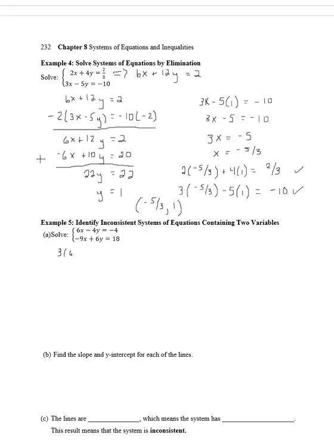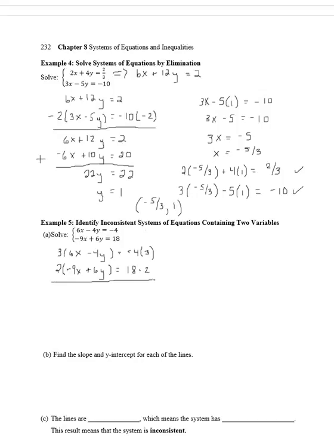So we have 3 times 6x minus 4y equals negative 4 times 3. And I'm going to multiply the bottom equation by a 2. And you notice the y's have opposite signs, so we're in good shape. Negative 9x plus 6y equals 18 times 2.